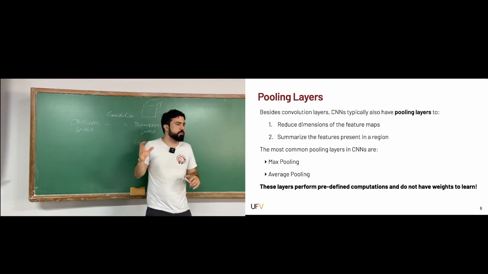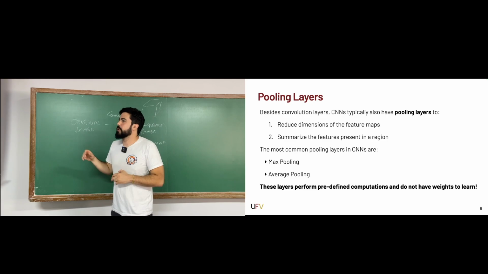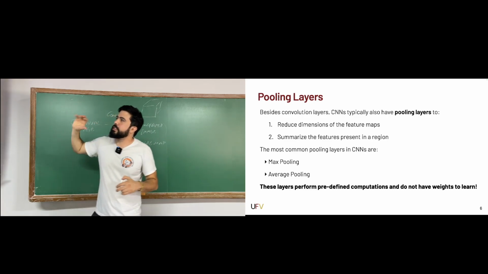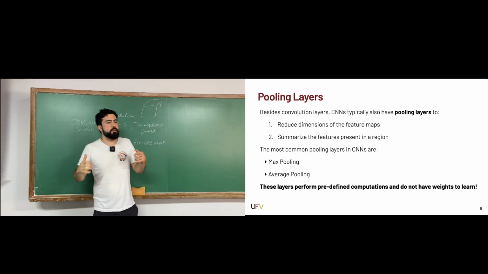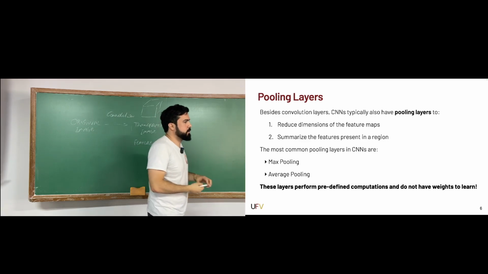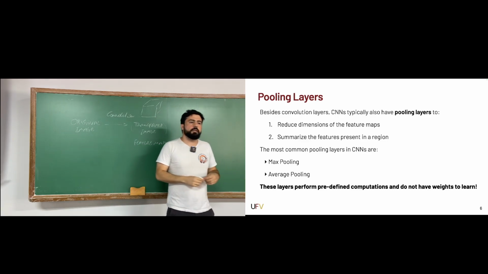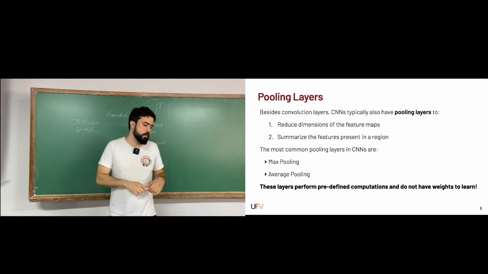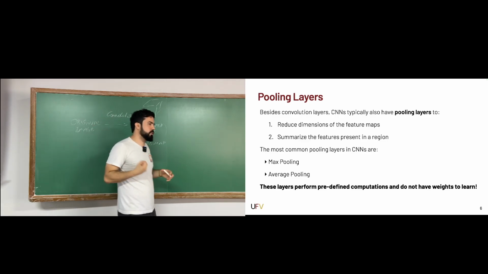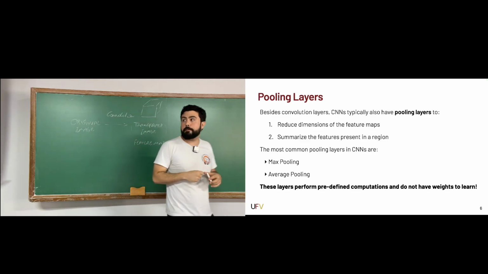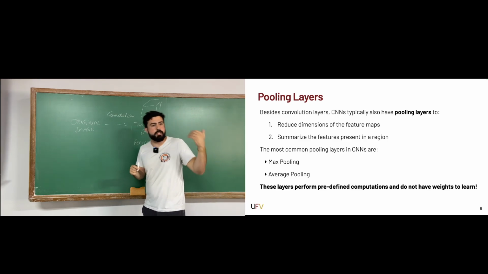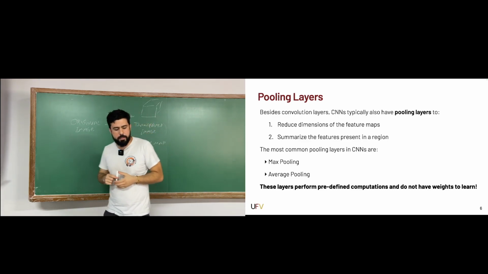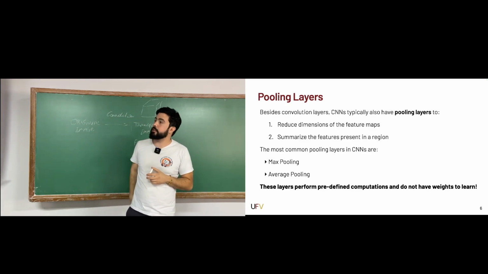Pooling layers will help to do that, and they will do that explicitly by using fixed computations. And it's in bold here, these types of layers don't even have weights. They're not learned. They are predefined computations that we add to help extract features from input images and, consequently, feature maps later in the network.